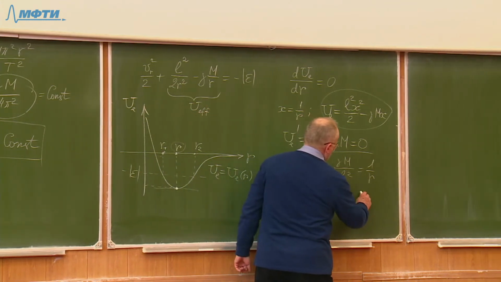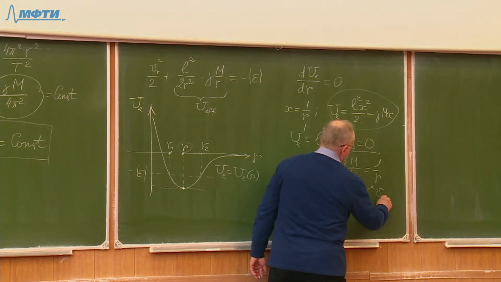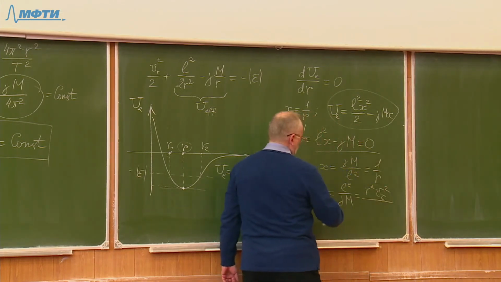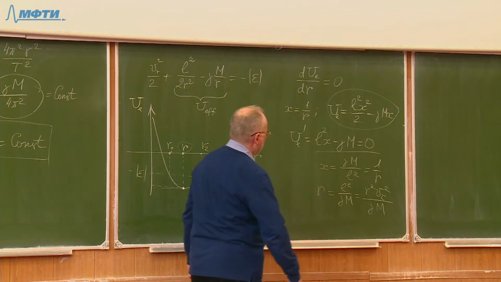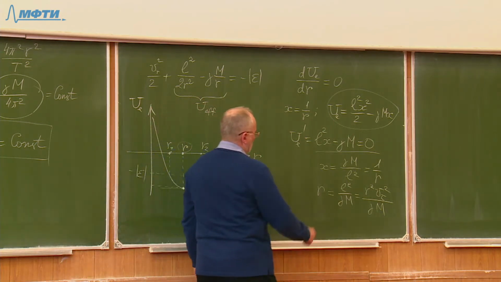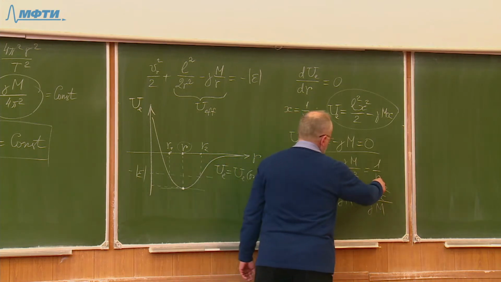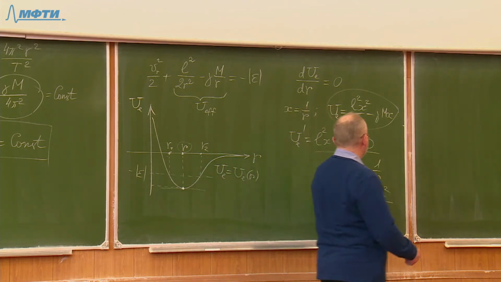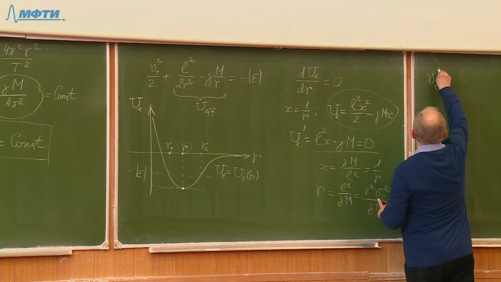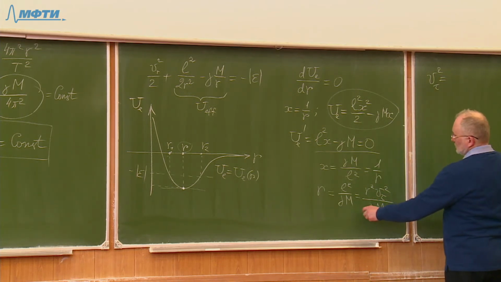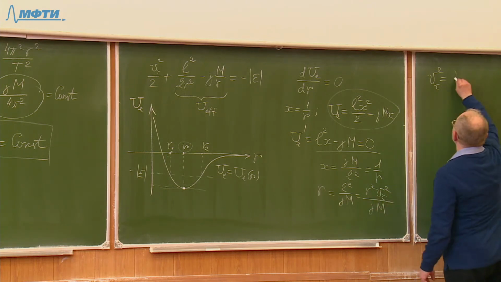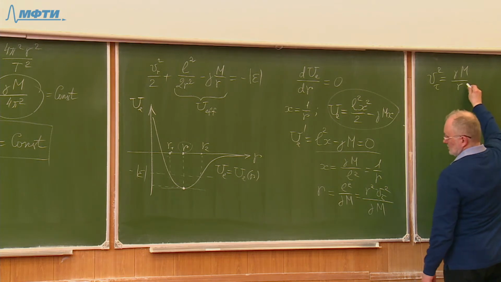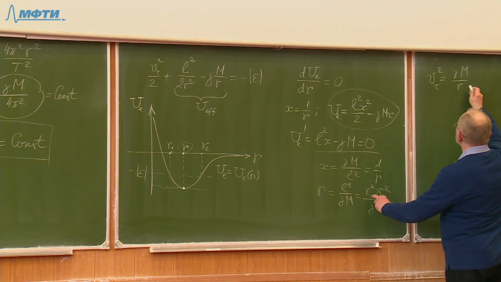So this quantity will be radius squared and the tangential velocity squared, divided by gamma M. From here we see that one radius will cancel, and the tangential velocity squared will be equal to gamma M divided by r squared.